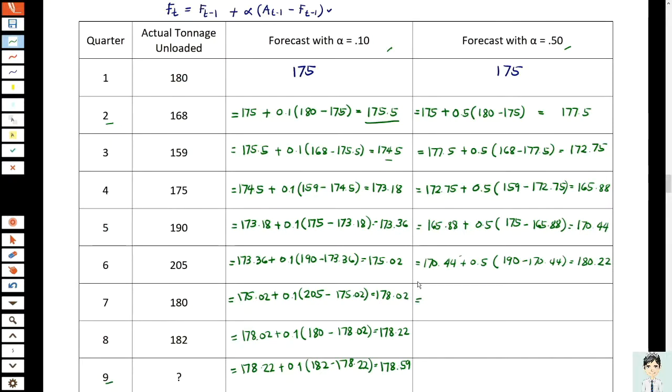Next, for the seventh quarter, we have 180.22, the forecast of the previous period, plus the smoothing constant, the difference ng actual, which is 205, minus the forecast of the previous period, 180.22, equals to 192.61.